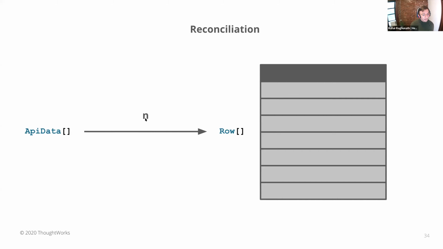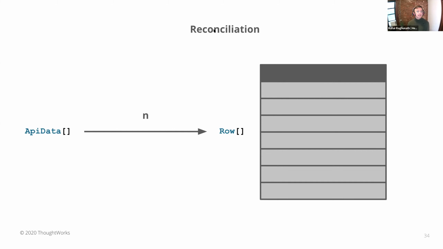So here we have some process that takes an array of API data and gives you back an array of row data. And that transformation, we'll just call it row building. The performance of this is directly proportional to the n that you have. The more rows you have, the longer it's going to take. That's simple. That's the reconciliation step.